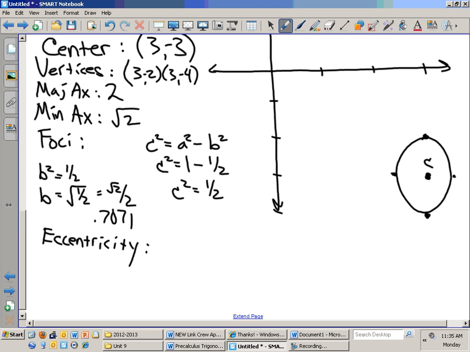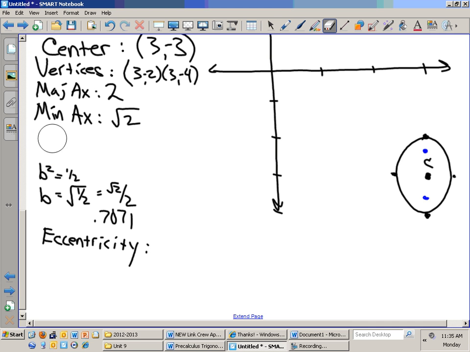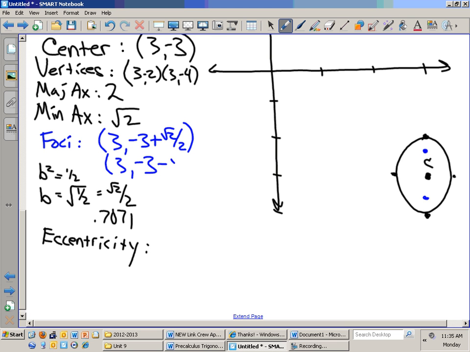Square root 2 over 2 again. So from this center, I move the square root of 2 over 2 up and down. What is going to be the location of my focus points? What's the x value of my focus points? 3. And then I'd have negative 3 plus the square root of 2 over 2, right? And I have 3 and then negative 3 minus the square root of 2 over 2.